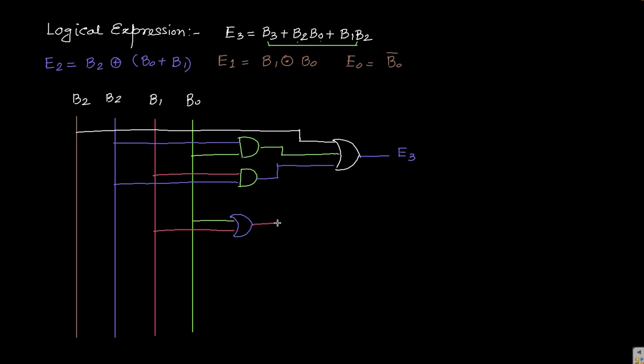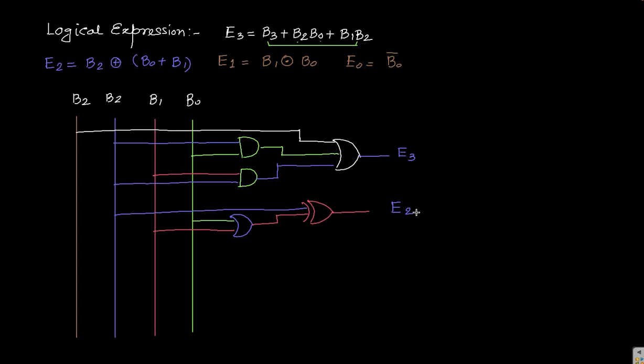Then this is XORed, this is your XOR gate, and it is XORed with B2, that means B2 is your purple color. So this is your B2, and this becomes E2.